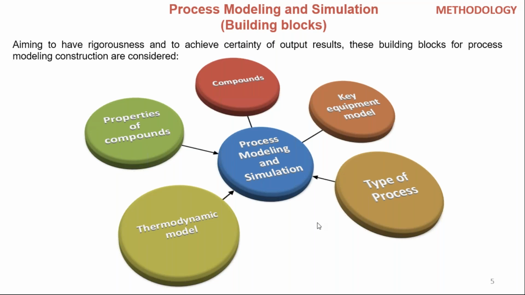And of course, the type of process that we are going to study, how to model each equipment of our process. And the fifth key building block is to choose the appropriate thermodynamic model. And this is quite important, mostly when we have a given liquid vapor equilibrium, for instance, in a deodorization process.